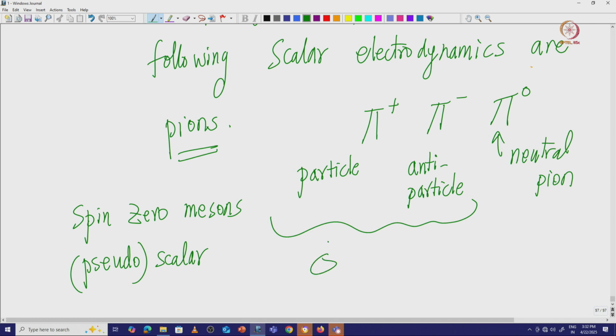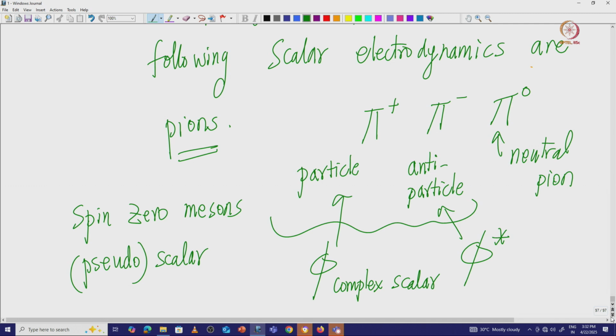So, if it is represented by phi, this is a complex scalar. Then phi star would be representing the antiparticle. If phi is representing the particle, phi star will represent the antiparticle.